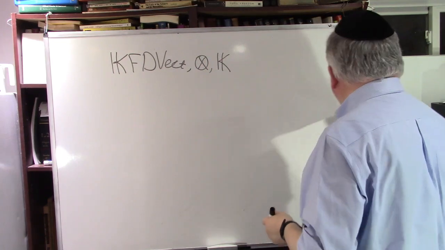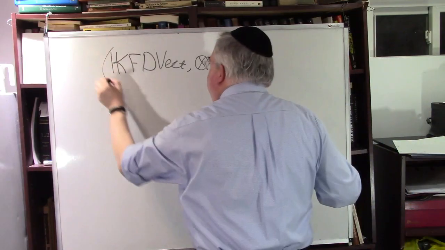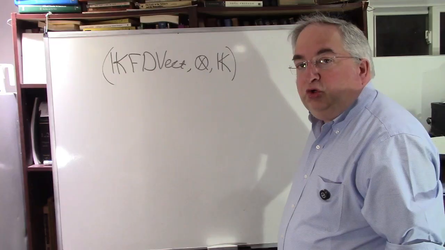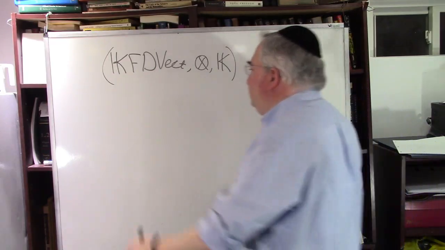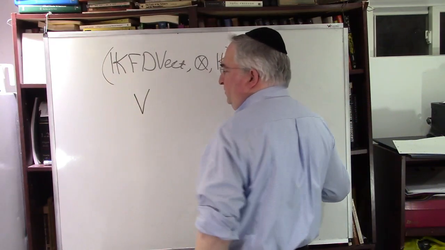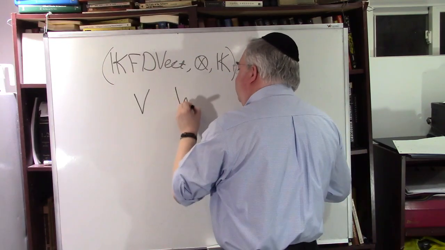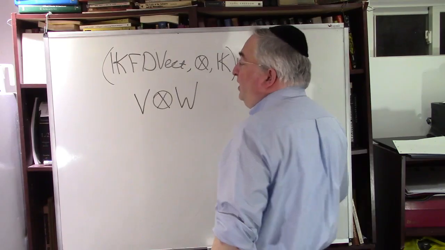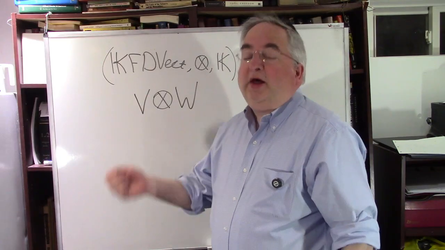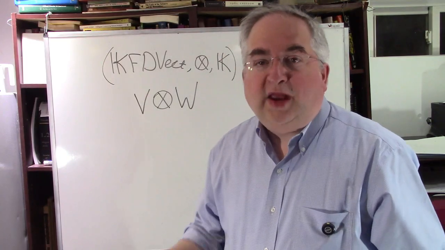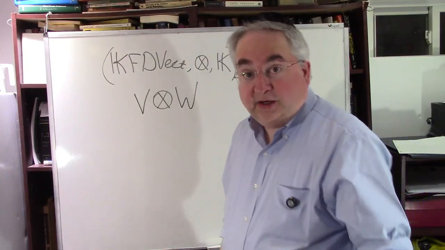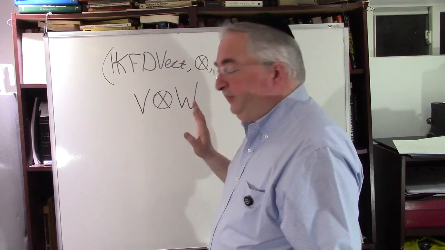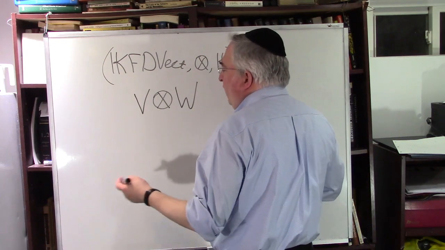So this is a finite dimensional vector space, and it works like this. Take a finite dimensional vector space, V. Take another finite dimensional vector space, W. Then there's a new finite dimensional vector space called V tensor W, and the word tensor is way overloaded in this book and in an entire field. So this is a tensor product of vector spaces. Now I have to tell you how this is defined.